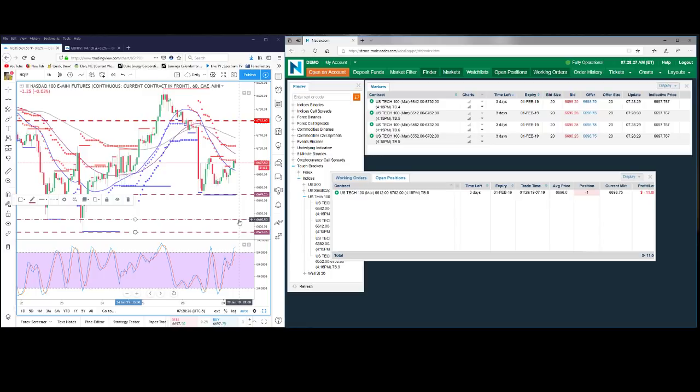Any questions on the touch brackets? They're really awesome to trade, but you do need to think through your trade and actually analyze, okay, what's really going on here. In this case, where's the potential for them to target stops?